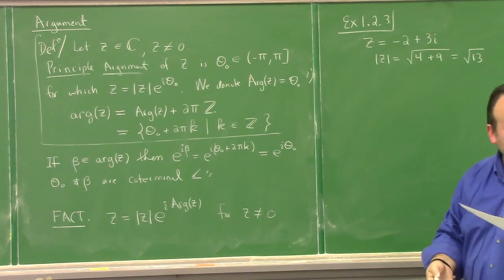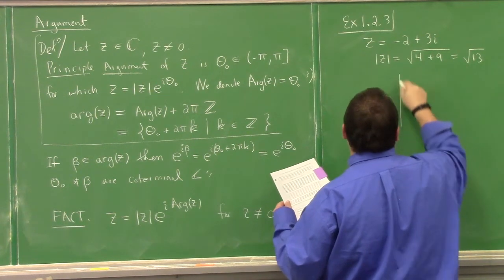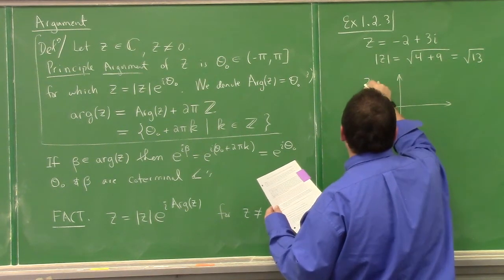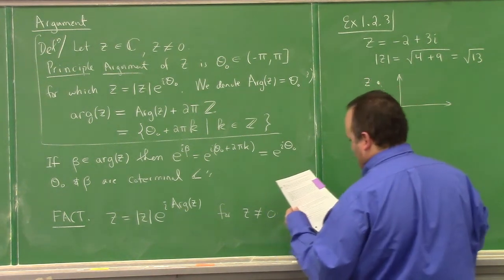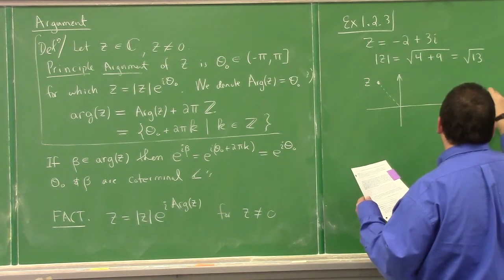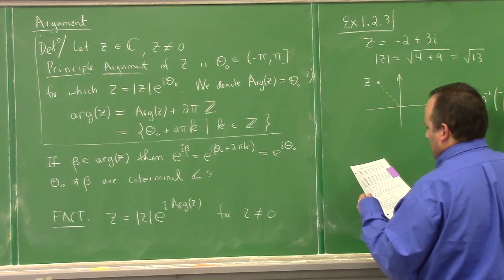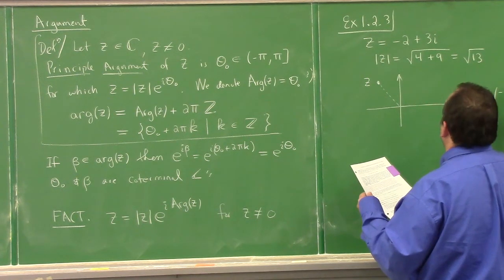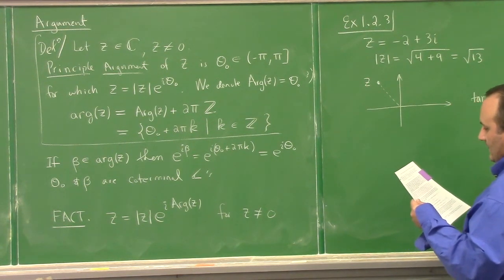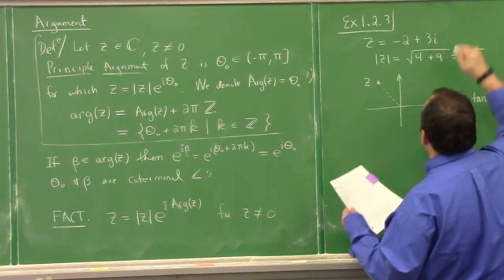Doesn't really matter, actually. It's good to draw a picture. Where is this? Minus 2 plus 3i. So z is like here, right? If you calculate inverse tangent of minus 3, well, there's a typo in the notes. I meant to have 3 over minus 2. Oh, I'm sorry, the typo is on the board.